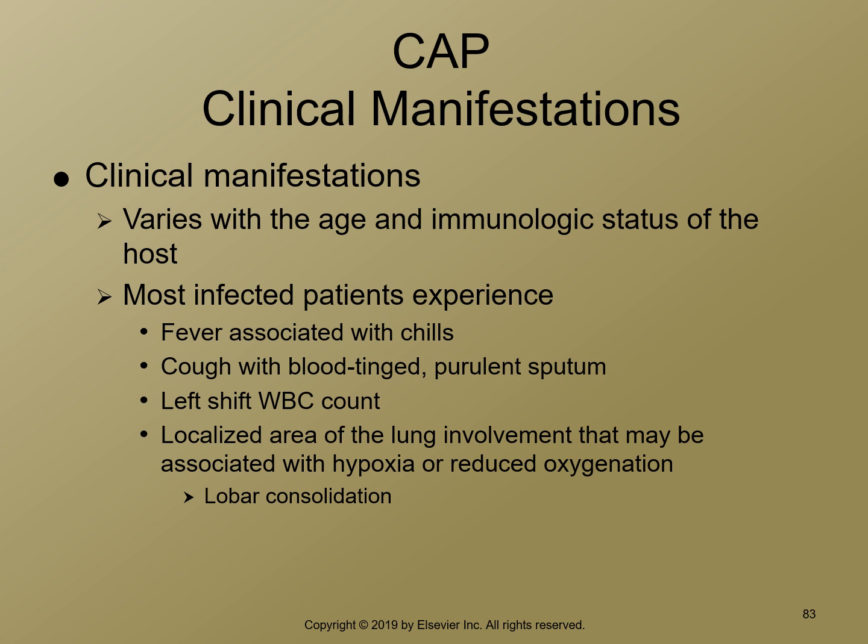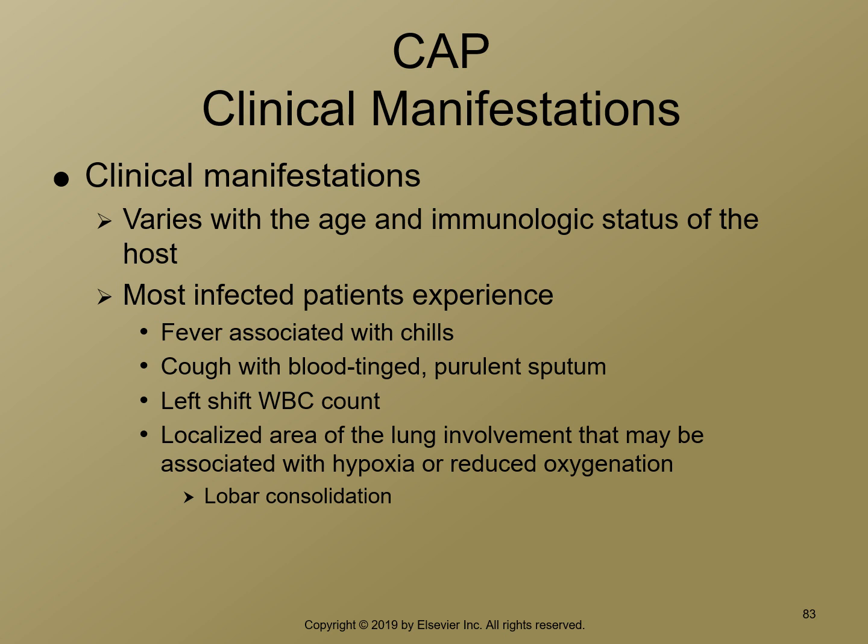The usual onset of non-bacterial pneumonia in children is indistinguishable from that of other viral upper respiratory tract infections. The clinical presentation of typical bacterial community-acquired pneumonia in adults differs with the age and immunologic status of the host. Most patients with bacterial pneumonia have a relatively sudden onset of fever associated with chills.